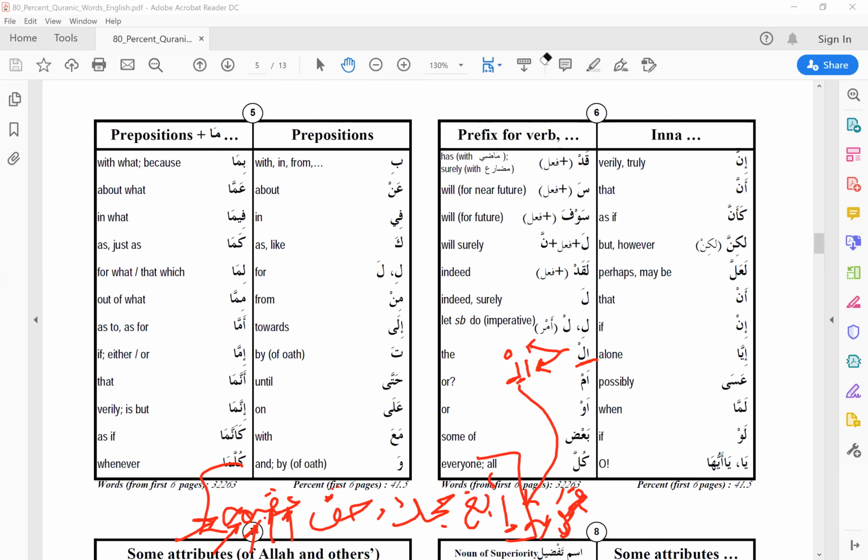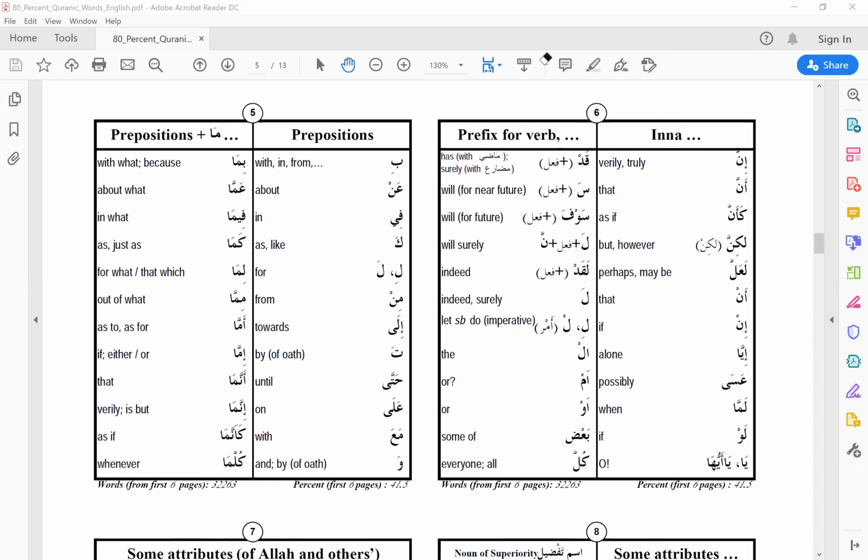Versus the other letters that are not part of the letters that I just wrote. All the other letters, the L is going to be silent, but you will still see it in the Quran. All right, so that is more of a definite article.